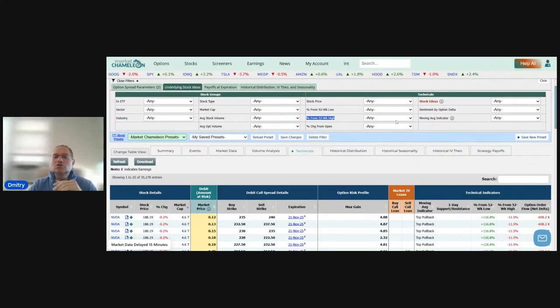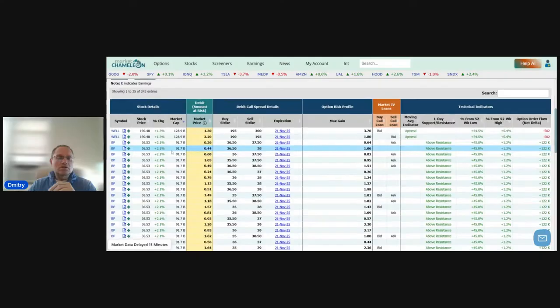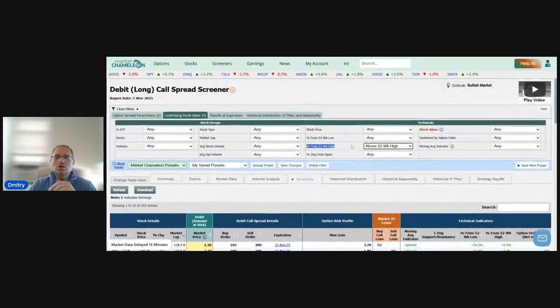So we could click on here and kind of see if we could find a stock maybe that made a new 52-week high. So it's trading today above the previous 52-week high in the morning. So if we click on that, maybe we could find some here. So you can see here, now we got these stocks, WELL, BP, and so forth.